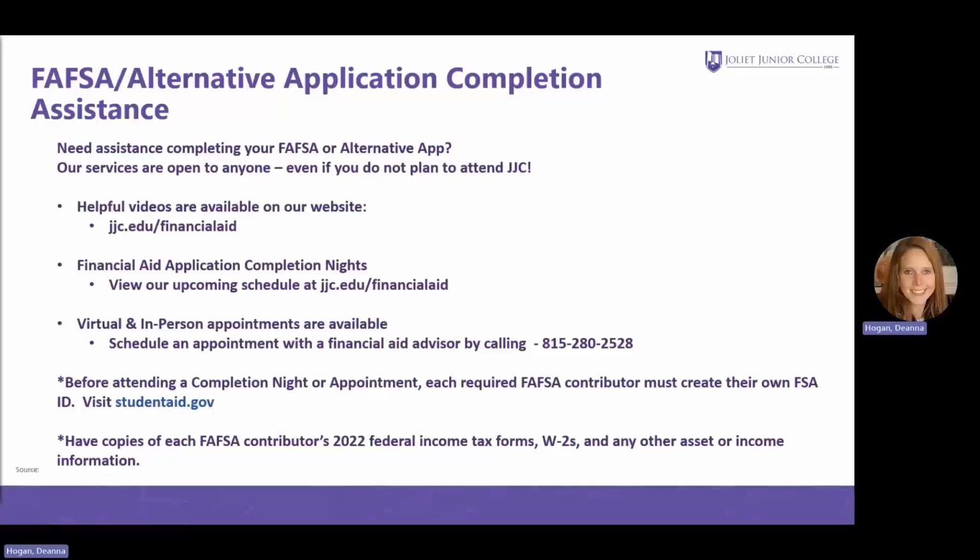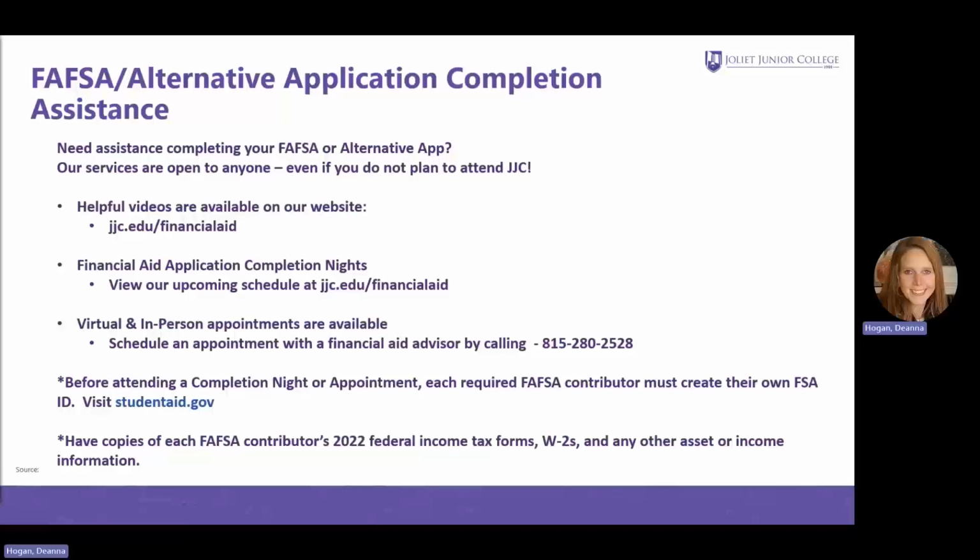If you need assistance in completing the FAFSA or alternative application, that's what we're here for. There are helpful videos available on our website, jjc.edu/financial aid. You can also view our upcoming schedule for financial aid application completion nights on our website. 2024-2025 financial aid application completion nights will begin in January 2024.